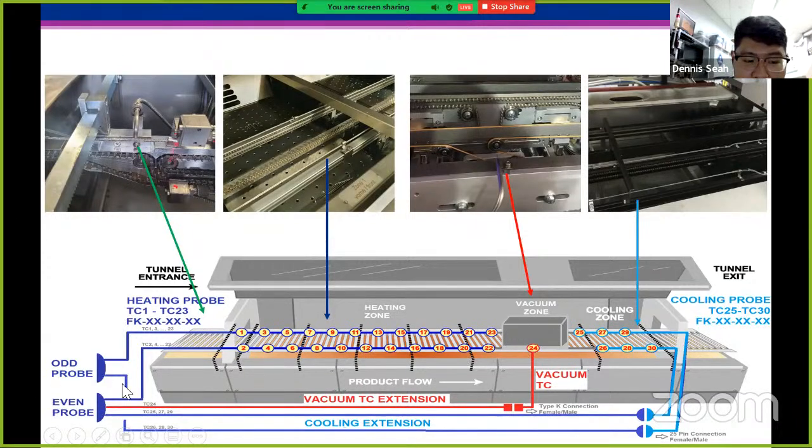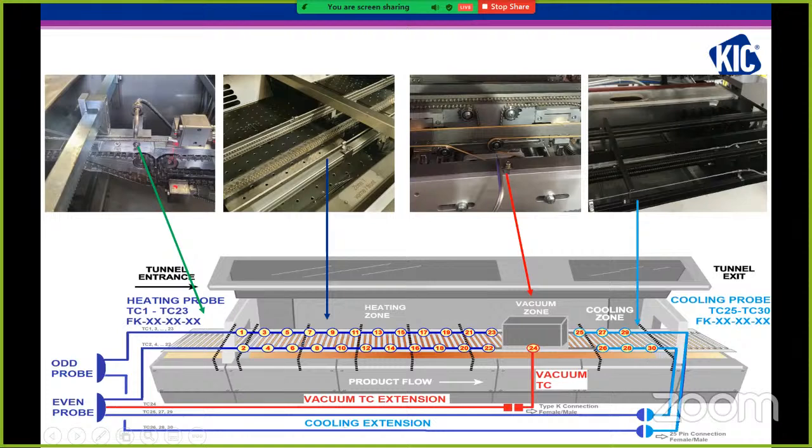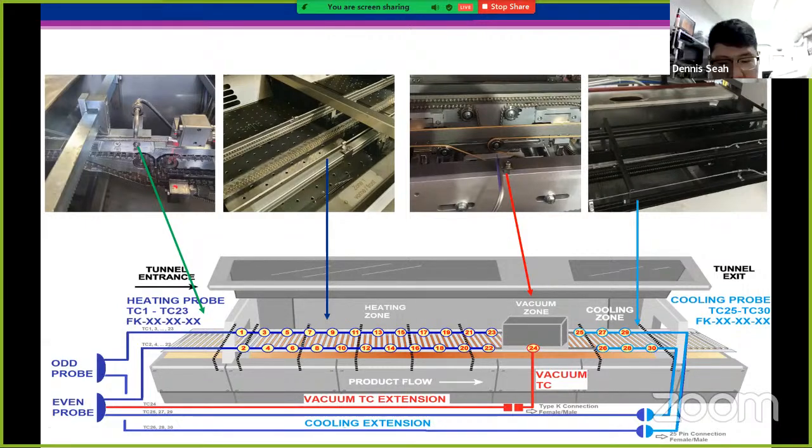For the even probes, we have one for heating, one for vacuum, and the last one for cooling. Okay, this line is from odd. So the question remains the same: is it terminating at number 23 and number 22, or is it further going to 25 and 26? No, it's terminating there.